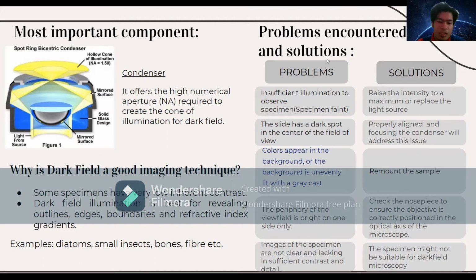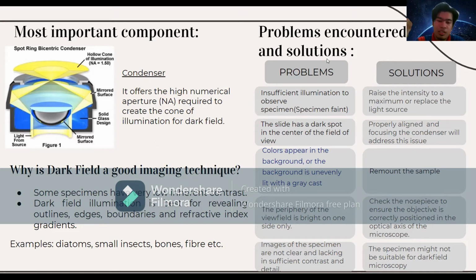Many condensers can accommodate inserts that can create a cone of illumination, but these inserts don't offer an NA as high as a dedicated dark field condenser, so not all objective lenses can be used. However, the insert can give you the flexibility to have multiple observation methods on the same condenser. And why dark field is a good imaging technique.